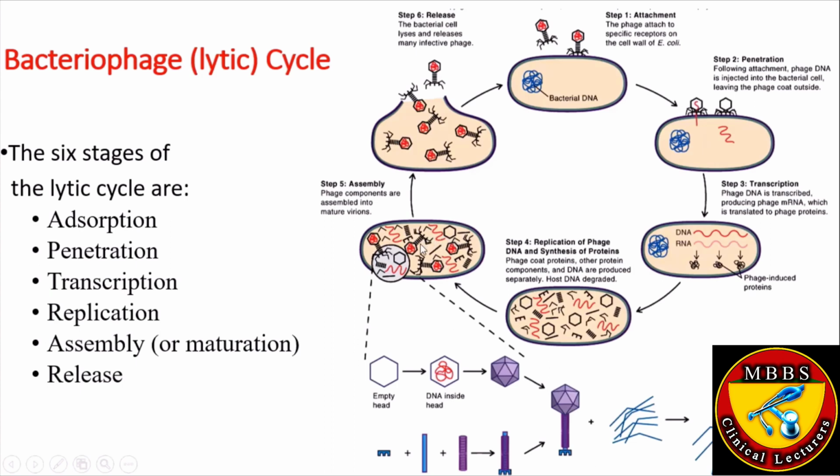Now they are going to assemble, and a large number of virus particles or phage particles are formed, and lysis occurs. During lysis, the cell is going to die, the destruction of cells occurs, and a large number of bacteriophages are released, and this is called the bacteriophage lytic phase.